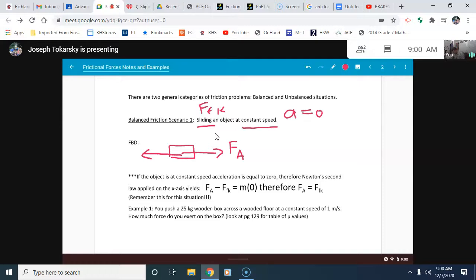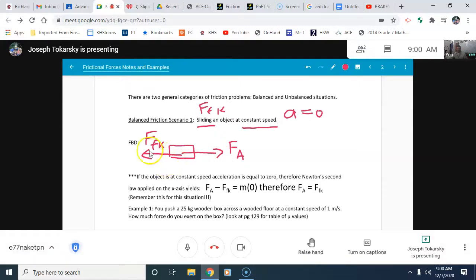But if we slide at a constant speed, that means these two forces are balanced with one another. It all goes back to Newton's first law again, which part of it said things moving at constant speed will continue moving at constant speed unless an unbalanced force is applied. So that means if we are at constant speed, the forces must be balanced.